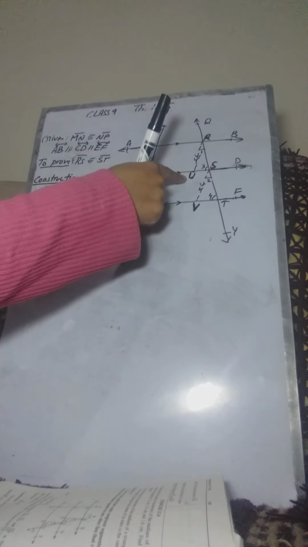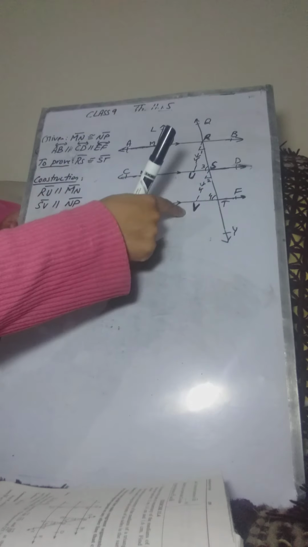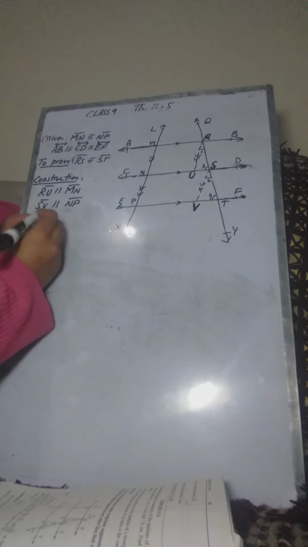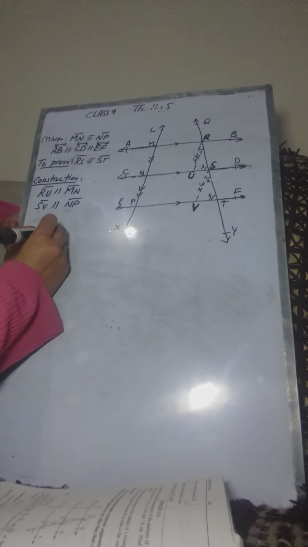ABCD, there are three parallel lines. It is given that MN is congruent to NP, and we need to prove that RS is congruent to ST. Also from construction, we drew RU parallel to MN and SV parallel to NP. Now, proof of the theorem.